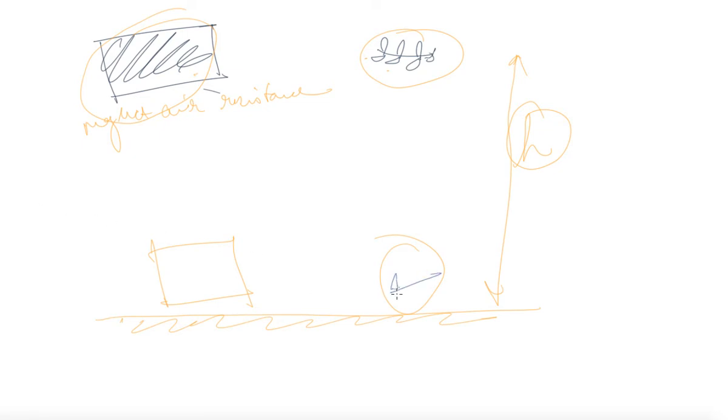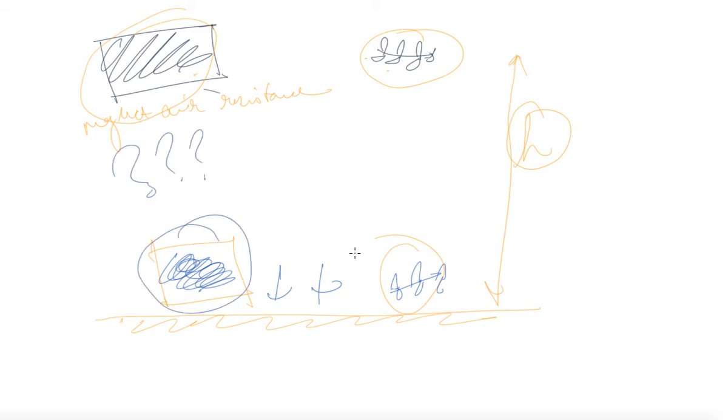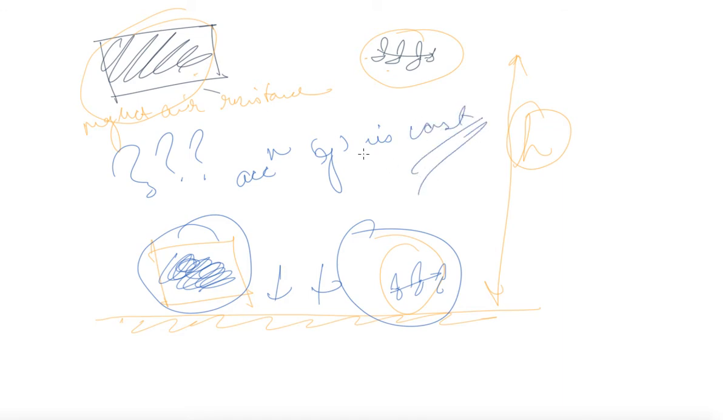The feather and the big brick or stone will fall at the same time. The reason is that even though there is a huge difference in mass, the acceleration, that is g, is constant, therefore they both touch the ground at the same time. And hence, even though the force is different, that is the impact force is different, the acceleration is the same. So all the objects on the surface of the earth experience the same acceleration.